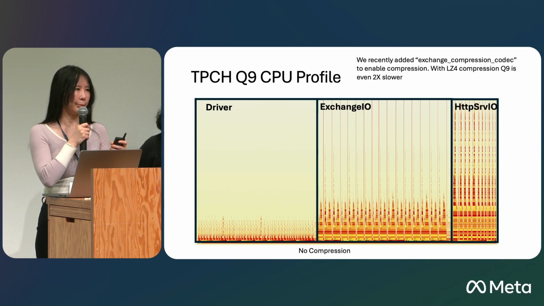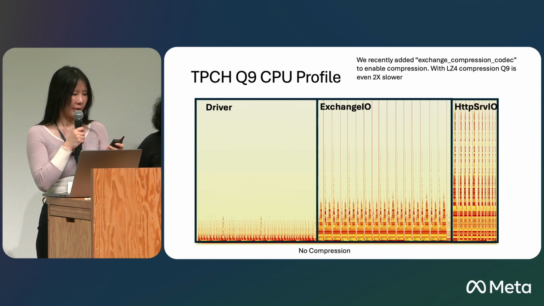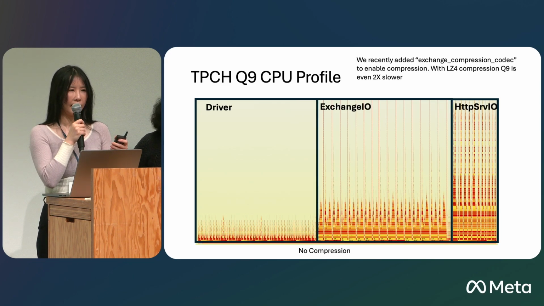Currently it supports several compression codecs, LZ4, gzip, ZSTD, and so on. With LZ4, unfortunately, this doesn't help, and it's even slower, 2x slower. So we'll have to do something else.